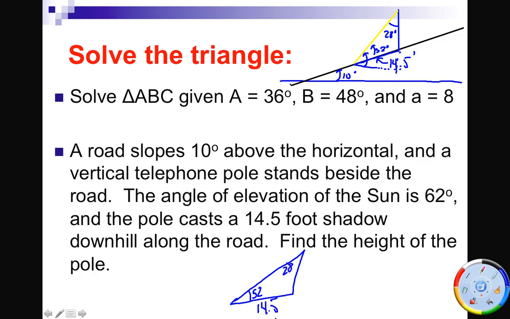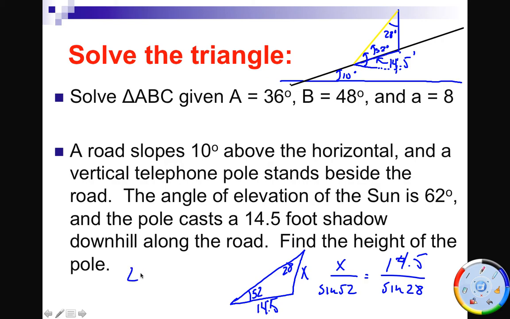And look at that. We have angle, angle, side, which means technically we have enough information to solve for the height of the pole. So we get x over the sine of 52 equals 14.5 over the sine of 28. I forget what it is off the top of my head. .33.